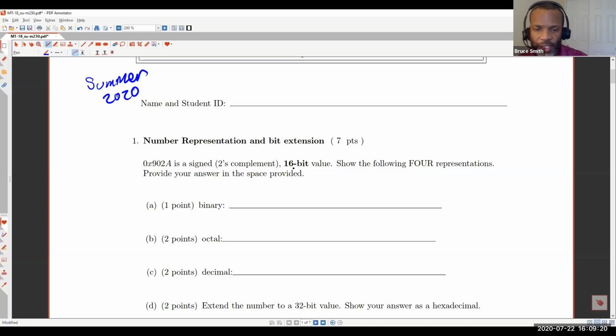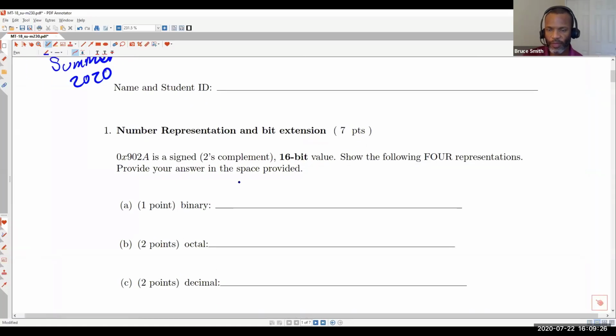So it is a 16-bit value. Each one of these hexadecimal values requires 4 bits. Because there are 16 different hexadecimal values that range from 0 all the way up to 15, you need at least 1, 2, 3, 4 bits to represent all of the different hexadecimal values from 0 through 15.